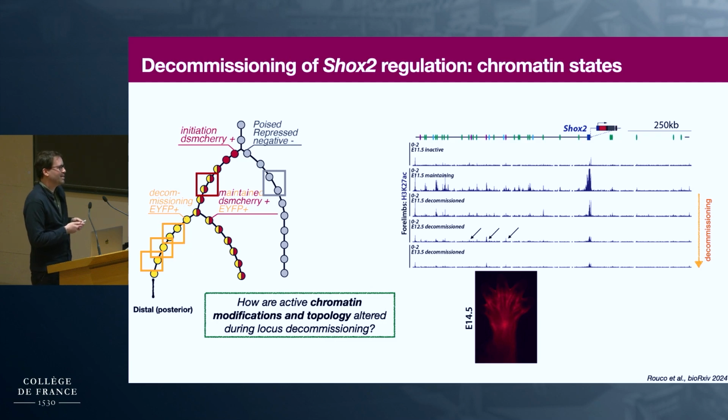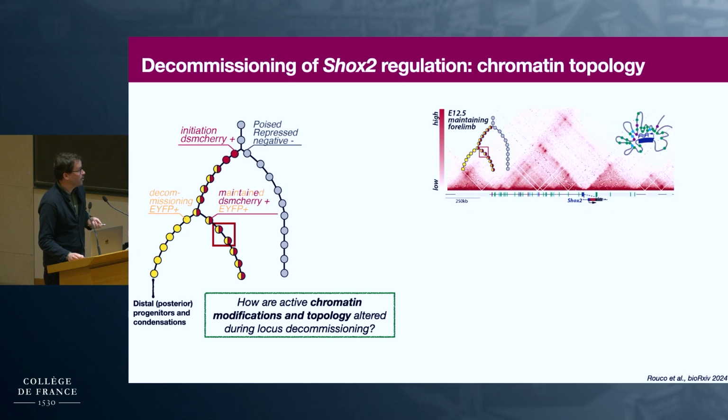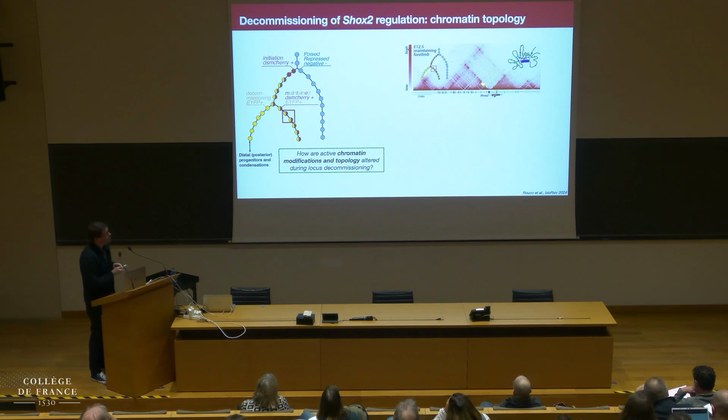So how come these enhancers are active in a locus that is inactive? One of the possible reasons could be that if we look at the 3D genome organization, there is quite an intensive change. In active cells, as I showed you before, you have this very nice stripe of interaction from SHOX2 to its landscape. And in cells that are decommissioned, this interaction is much weaker.